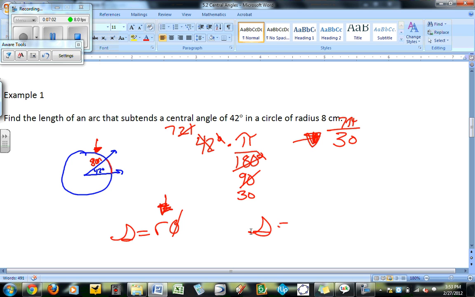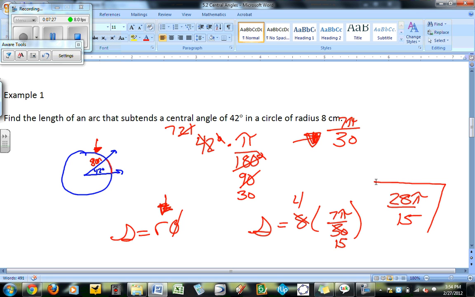So arc length equals 8 times 7 pi over 30. Multiplying fractions, we can take a 2 out of both, and this is 15 and this is 4. So we get 28 pi over 15, and that is our new arc length.